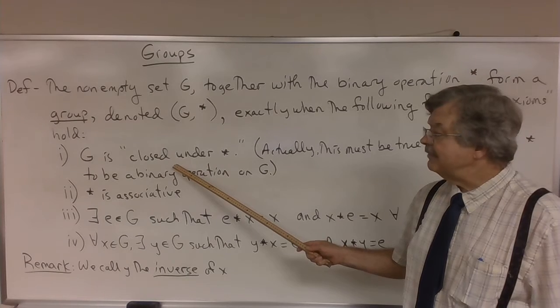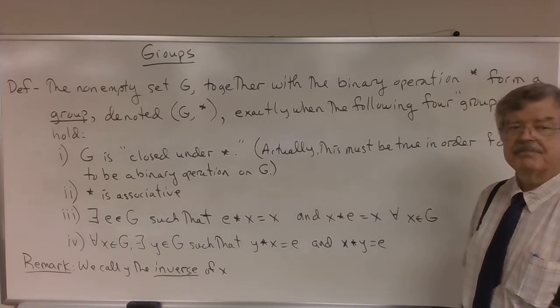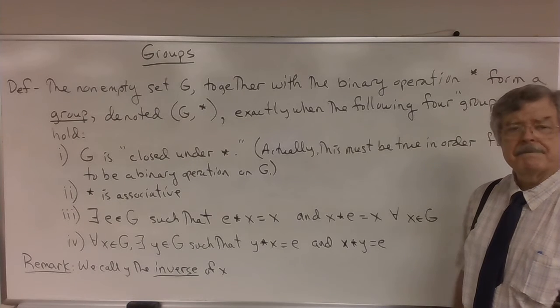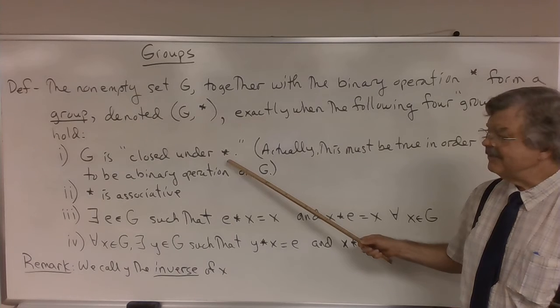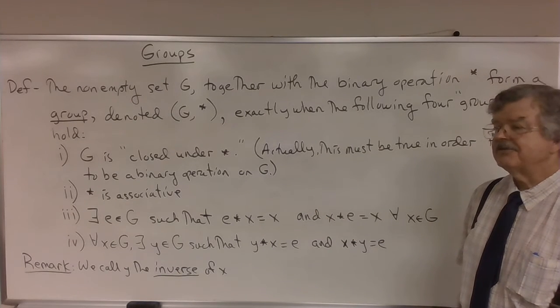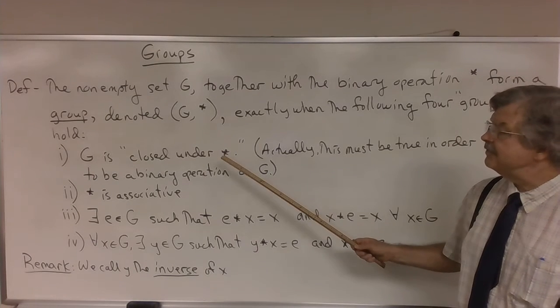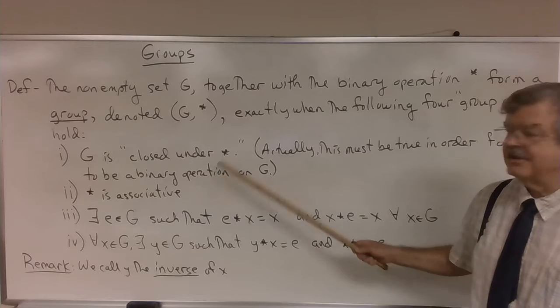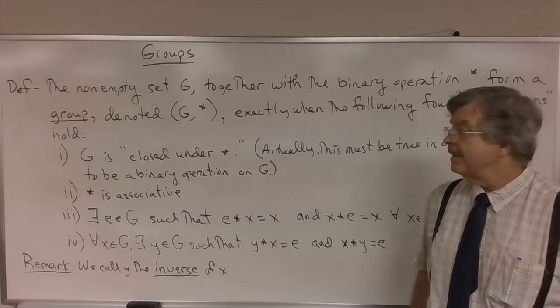The first axiom is that G is closed under star. I put this in even though it's not necessary, because some texts don't require star to be closed on a set G in order to be a binary operation.